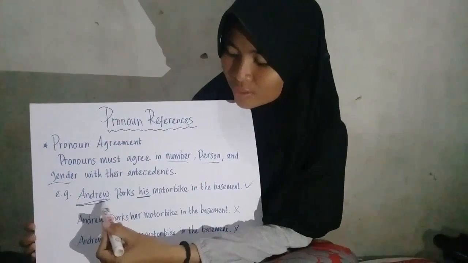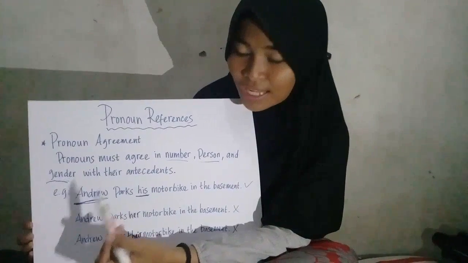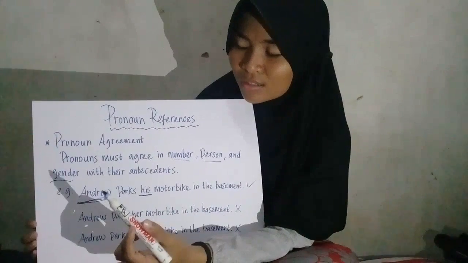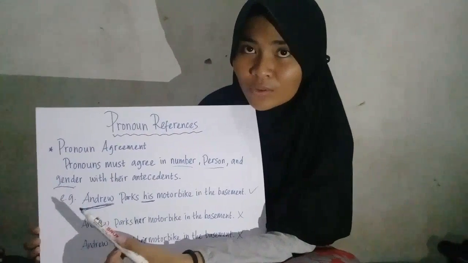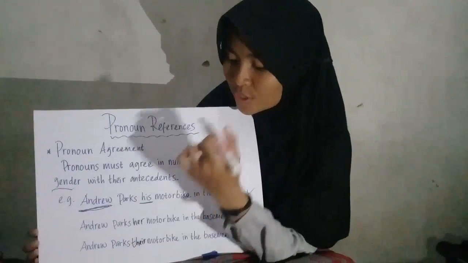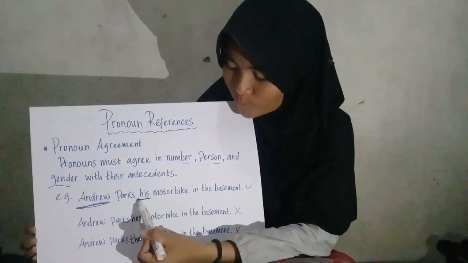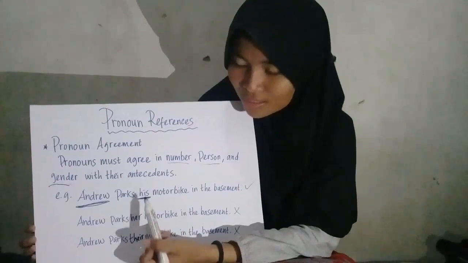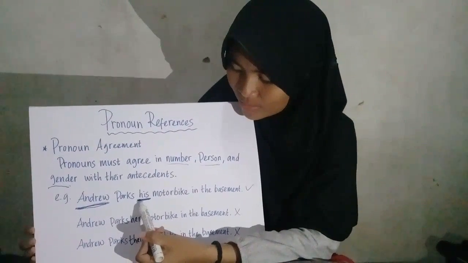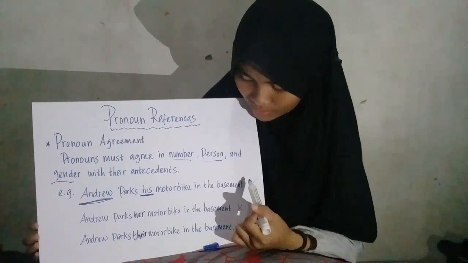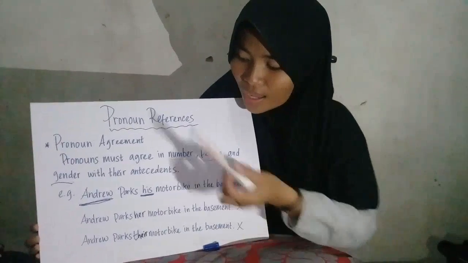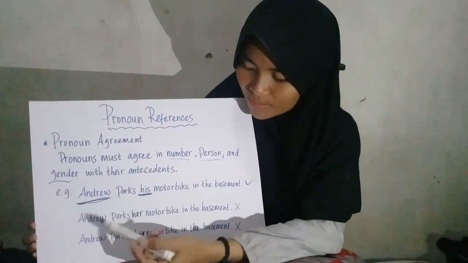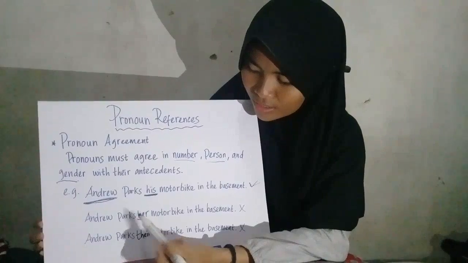But because Andrew is the name of a man, or in this case a male noun, the pronoun should be a male pronoun too. So when we use "his" in this sentence, it makes the sentence correct.